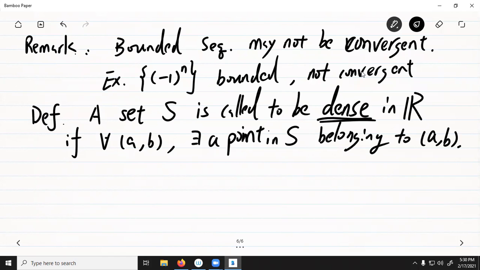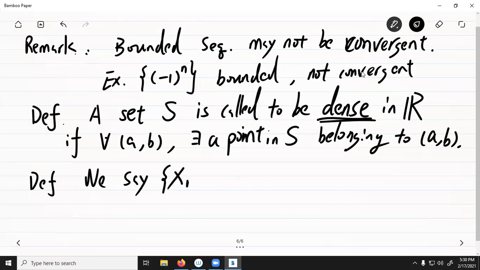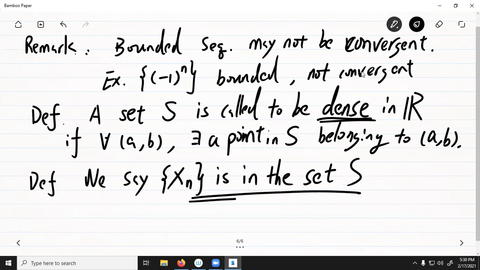So the next definition says we say a sequence is in the set S. What does this mean?